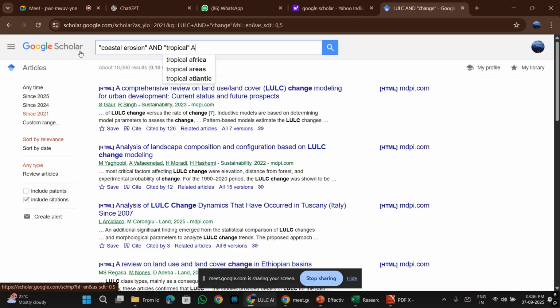See, I'm giving it many layers of filters. Tropical and remote sensing, or maybe I will use satellite. Okay, so these are the keywords that I'm using. They have to be there in those manuscripts, only then you show me.